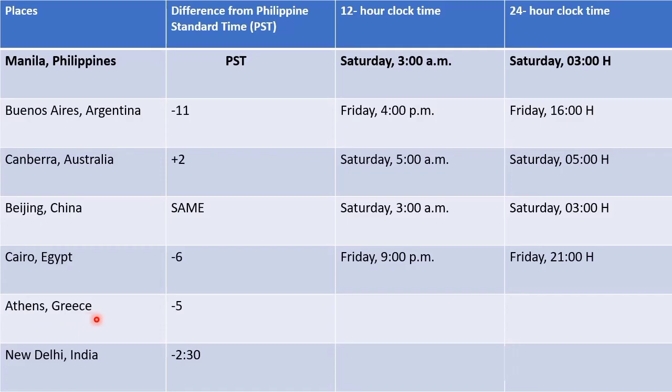Next is Athens, Greece. Behind siya, -5. So Saturday 3 a.m. and then paatras ng 5 hours.